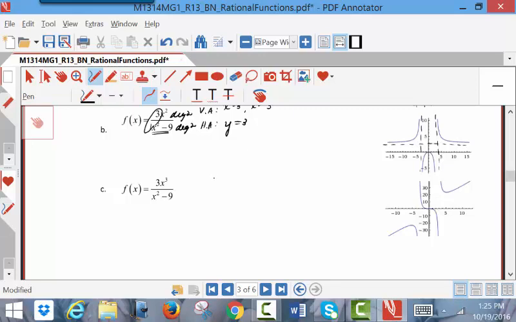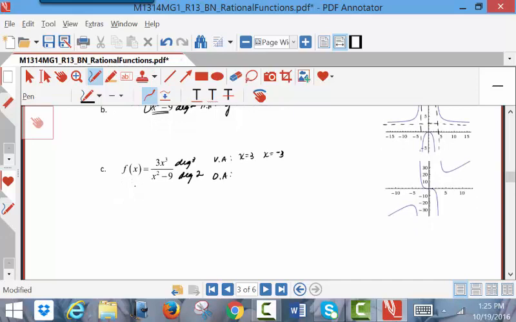Once again, we still have the same denominator, so the vertical asymptotes are at 3 and negative 3. And now when we look at the degree of the numerator and the degree of the denominator, what is this one? This is the oblique asymptote, the slant asymptote, right?